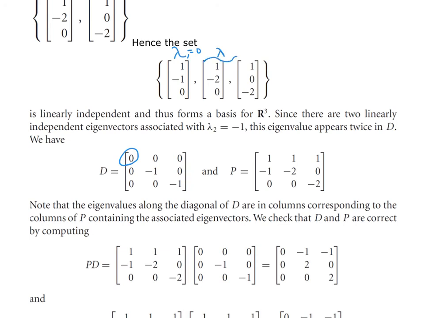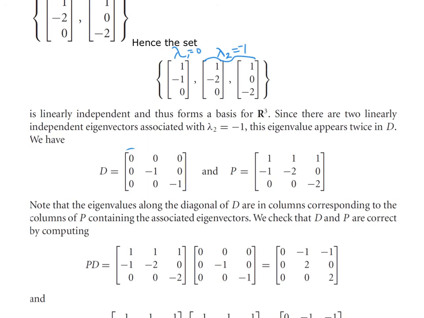This and these two were lambda sub 2, which is equal to -1. And so those are where the -1s are coming from. And of course, here are those vectors that I associated with that. So then, the eigenvalues along the diagonal correspond, of course, to the eigenvectors.